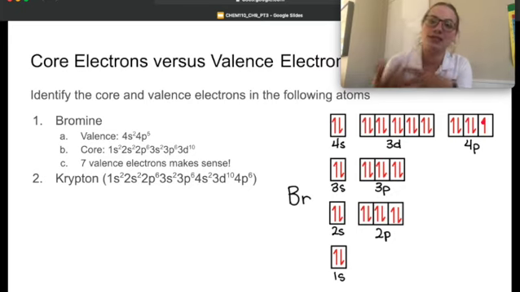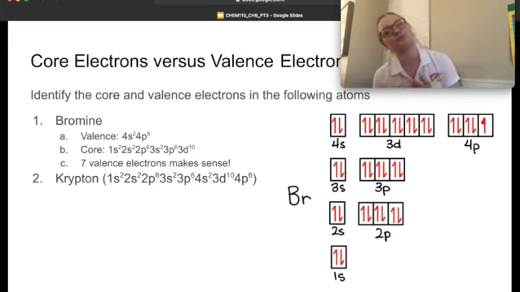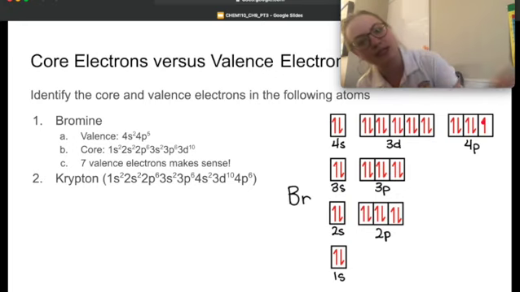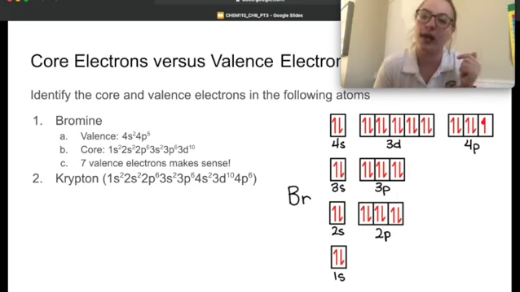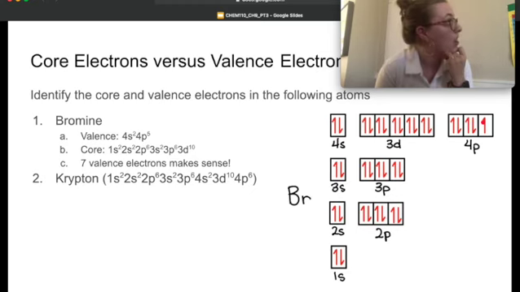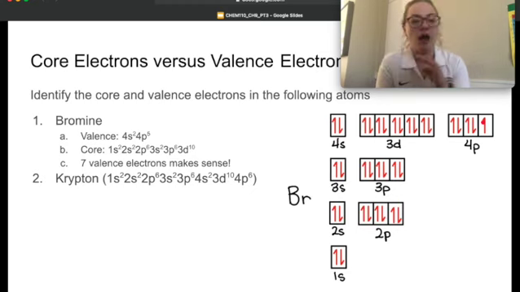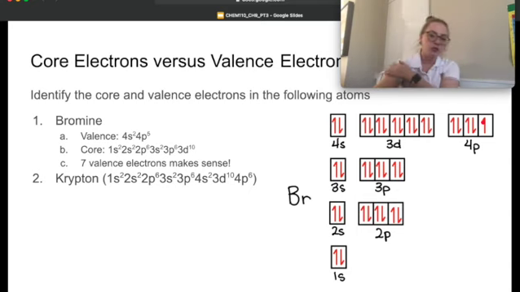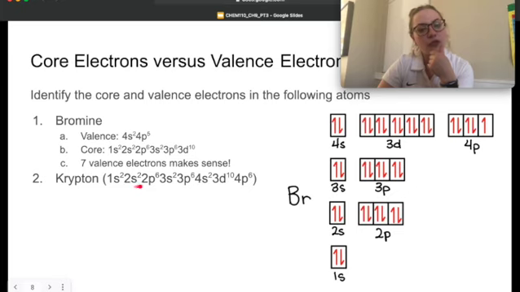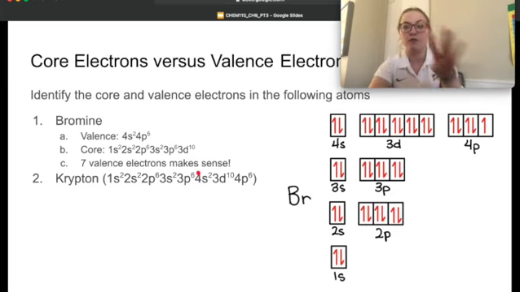So let's do the same thing, but with an electron configuration. If I told you that what you see on your screen is the electron configuration for krypton, let's figure out which ones are core and which ones are valence. I'm going to scan through this and look for that highest principal quantum number, which in this case is, again, 4.